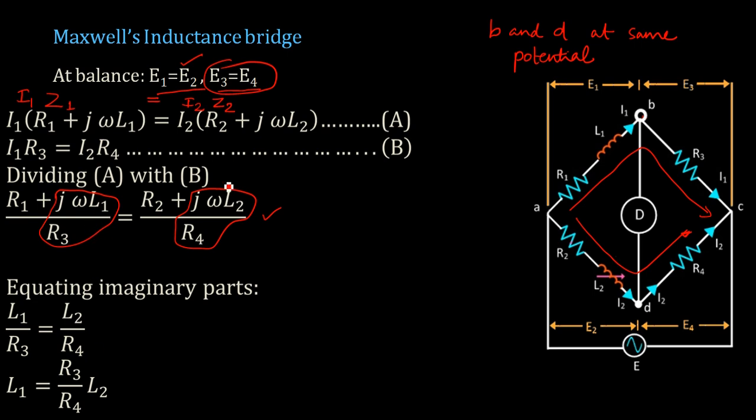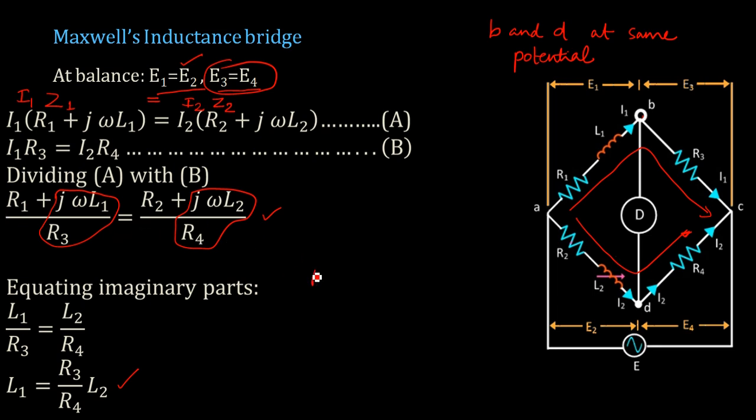So the unknown value L1 can be obtained by R3 by R4 into L2, where L2 is a known inductance and the resistances are also known. And if you are trying to find out the value of R1, you can equate the real parts.